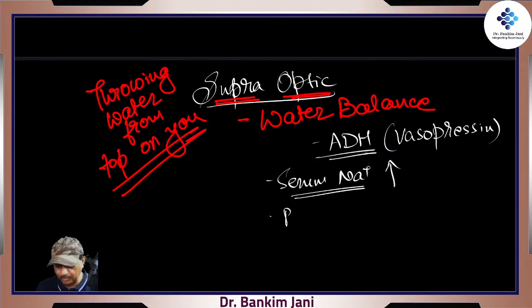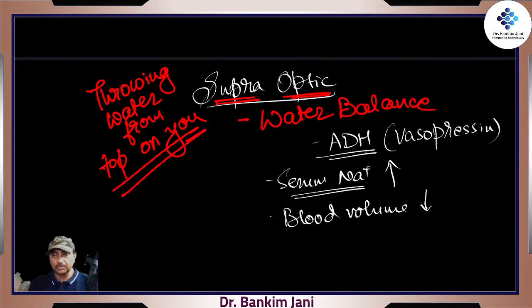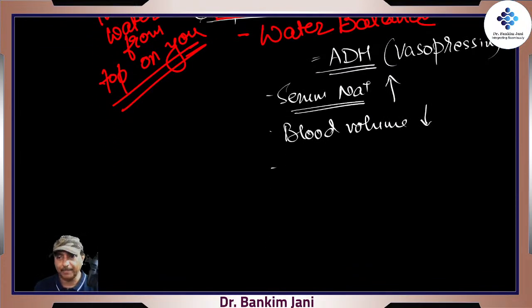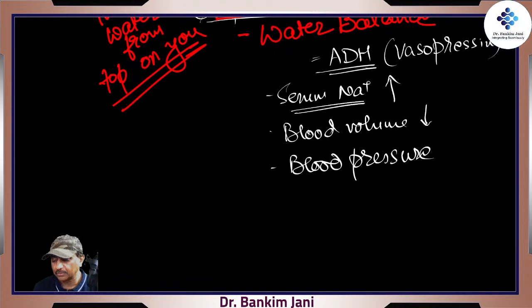If the blood volume is decreased, it would say, chalo, preserve the volume, right? Antidiuresis. So antidiuretic hormone. Diuresis means passage of fluid, urine. Then when the blood pressure decreases, this comes into picture.